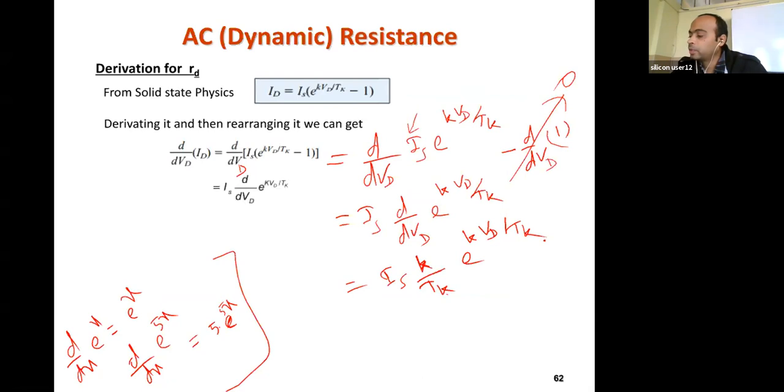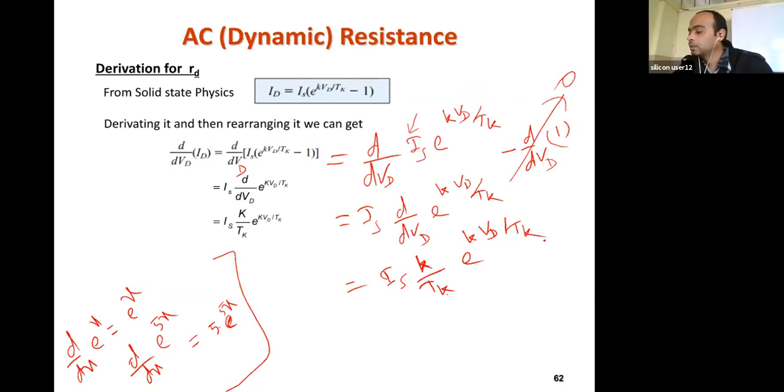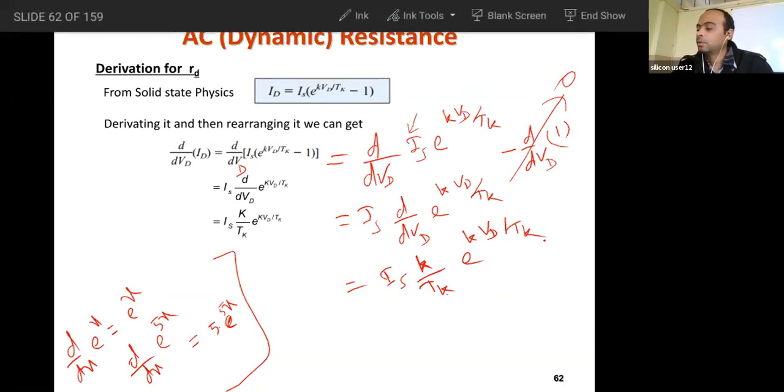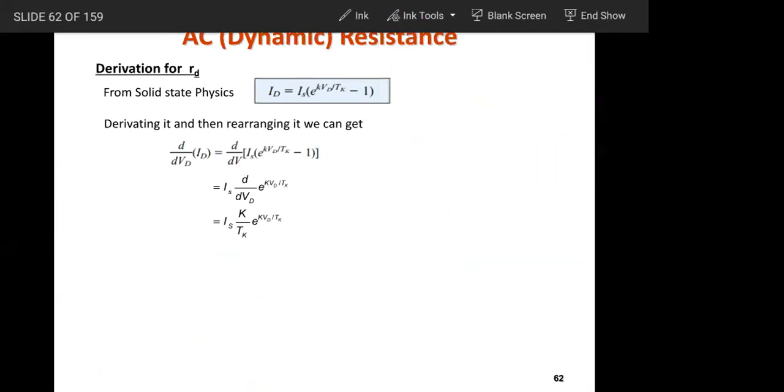So this is a simple derivation: Is d by dV of e to the power k Vd by Tk is equal to Is k by Tk e to the power k Vd by Tk. I hope till this point it must be clear. Yes or no?